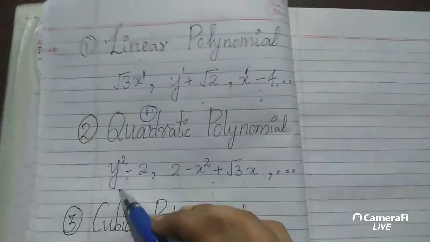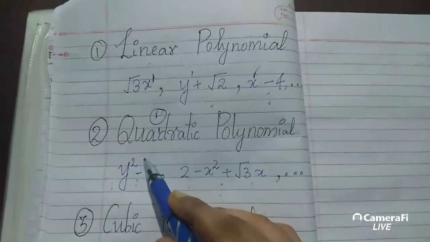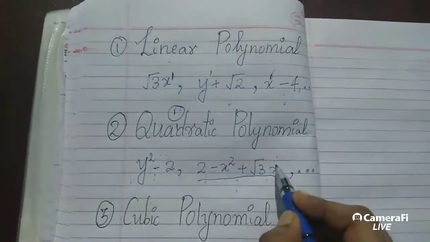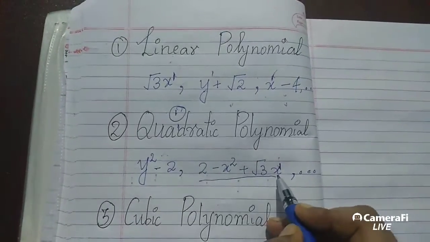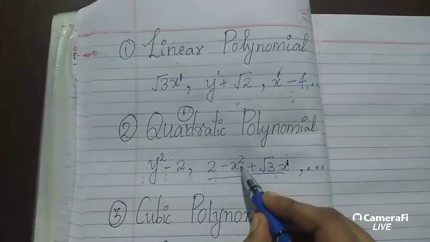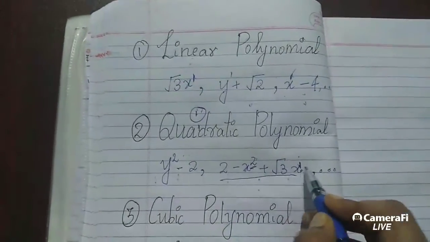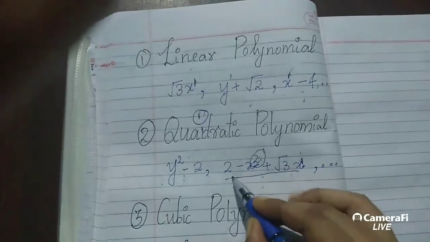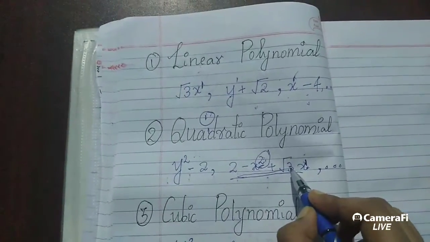You see here, y square minus 2, highest degree is 2. In this, here the degree of x is 1. Here the degree of x is 2. Now, which is the highest power? 2 is the highest power. Therefore, it is a quadratic polynomial.